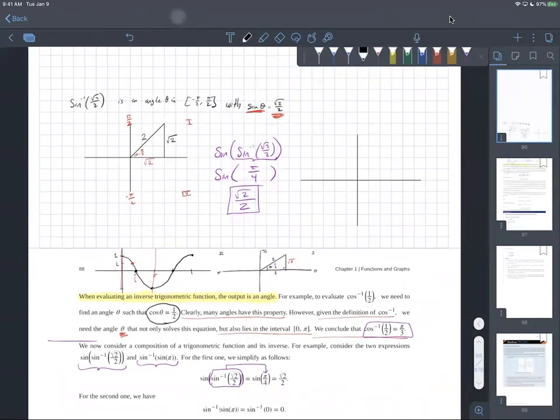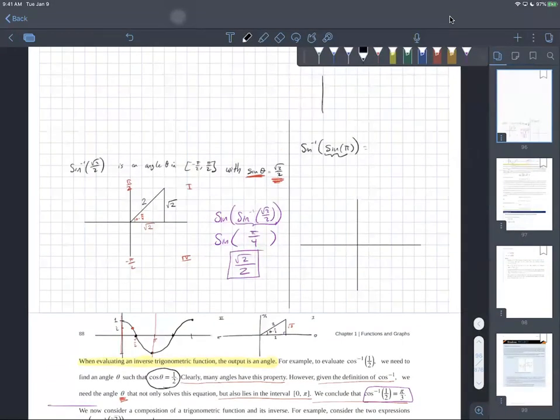The next problem was finding the sine inverse of the sine of pi. Well, we need to ask ourselves what the sine of pi is. You should remember that from pre-calculus.